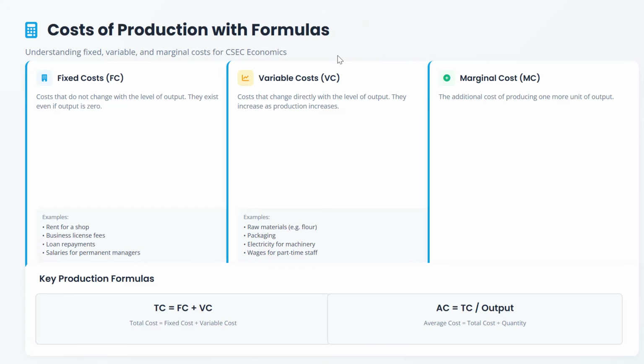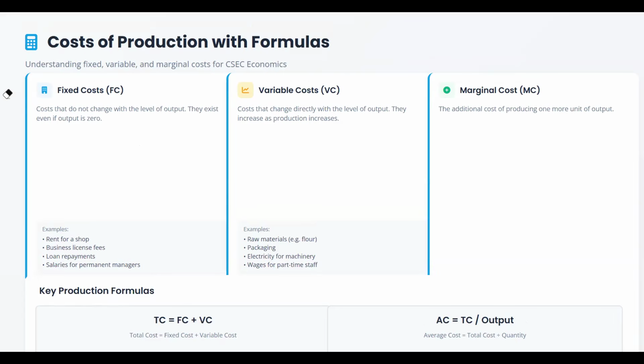The total cost is the combination of the two. The total amount of money I'll be paying is my total fixed cost plus my total variable cost. For example, let's say I rent a room for $500 to make chairs, right?